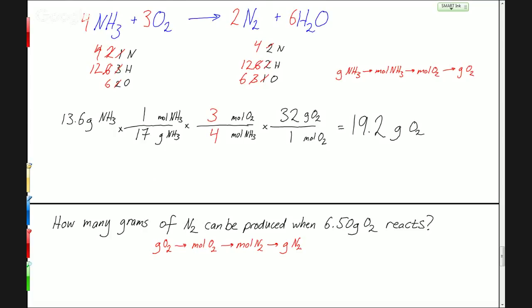So I put up the little plan there, just like we had before, our map. We're given grams of oxygen. So we're going to go grams of oxygen to moles of oxygen, then to moles of nitrogen, then to grams of nitrogen.